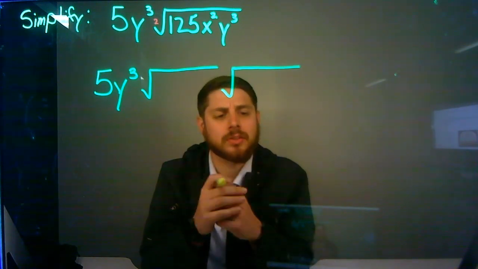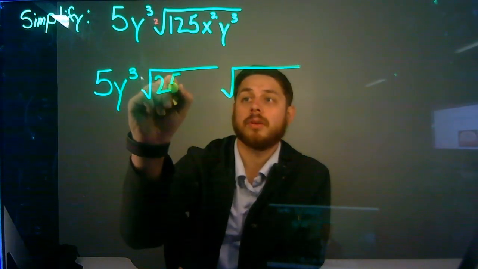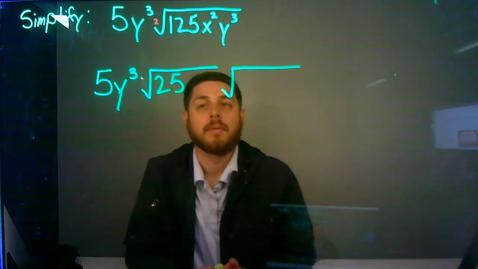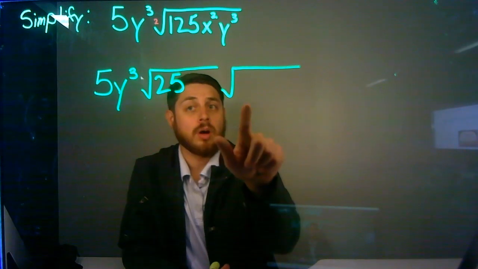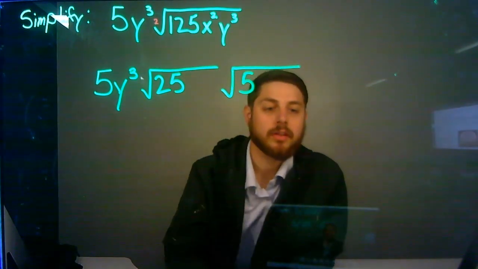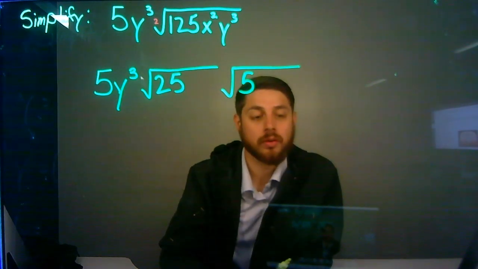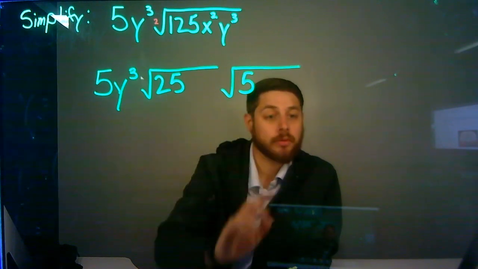But the biggest perfect square is going to be 25. So I'm going to write my perfect square of 25 here. How do I get back to 125? 25 times 5 is going to get us back to 125. So this is my perfect square, and this is my non-perfect square.